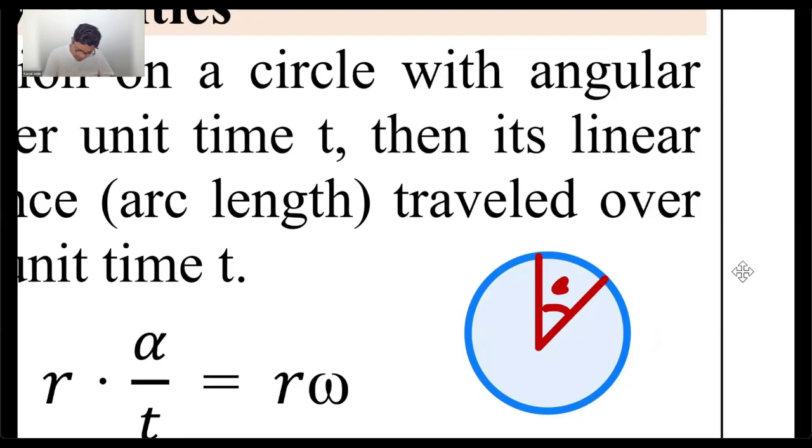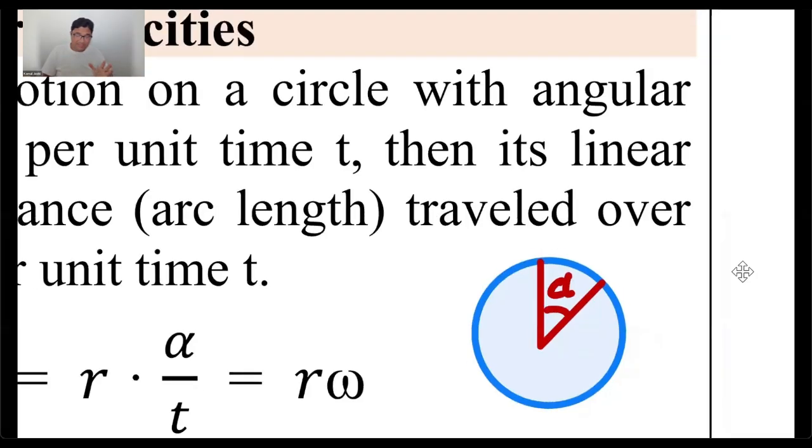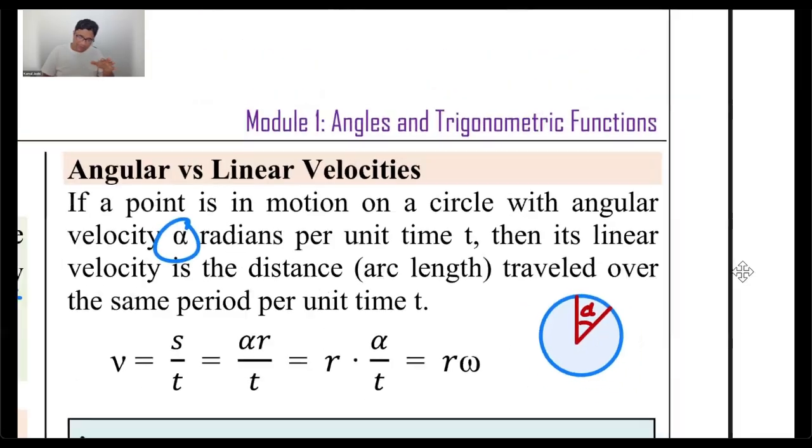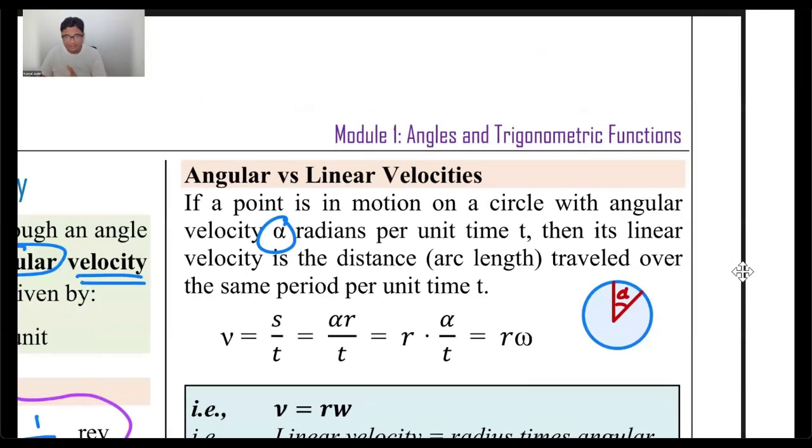So in 1 minute, you rotate by that angle alpha. In 1 second, you rotate by that angle alpha. That is when you say your angular velocity is alpha radians per unit time.